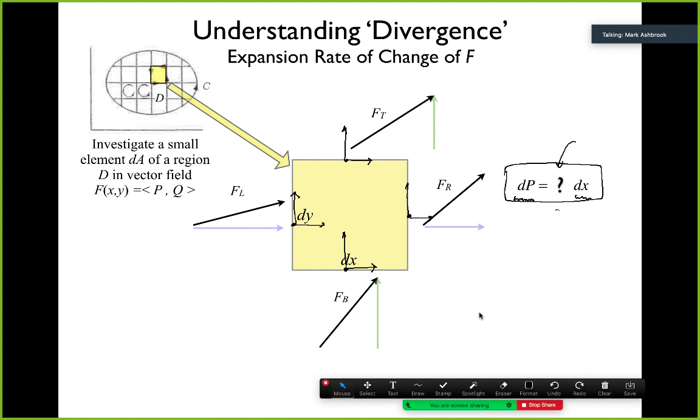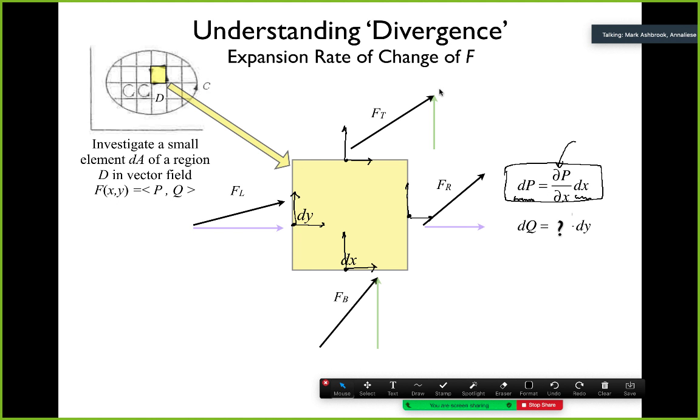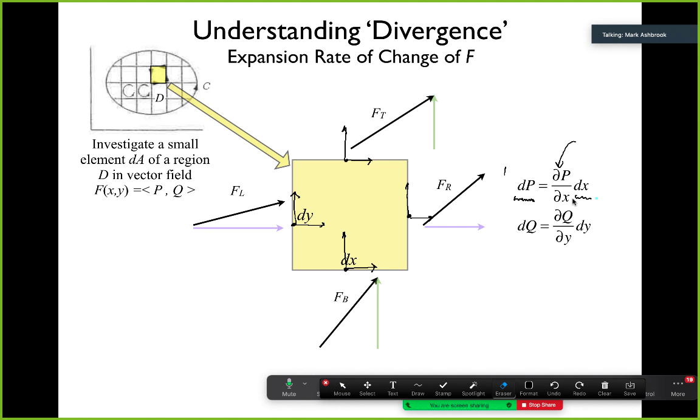So it's the partial of P with respect to x. And then likewise, for a change in y, we're looking at the change in Q. So that's the partial derivative of Q with respect to y. Yeah, exactly. Partial of Q with respect to y.